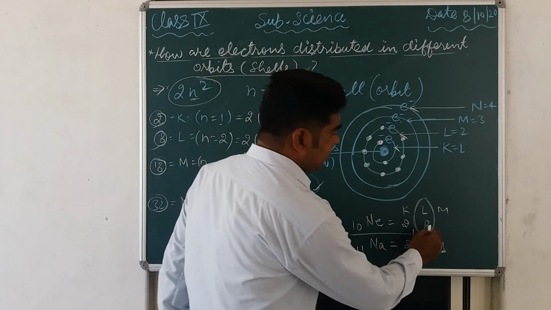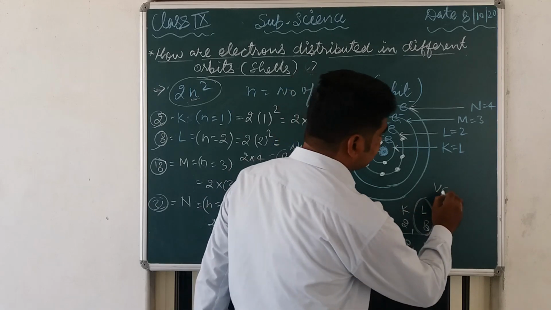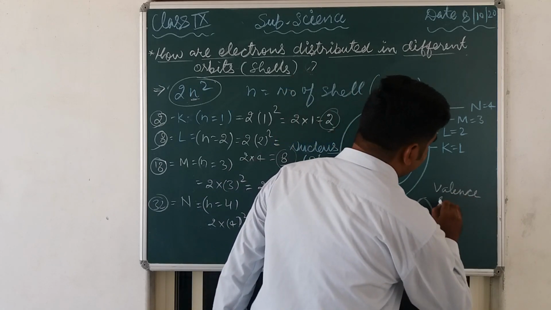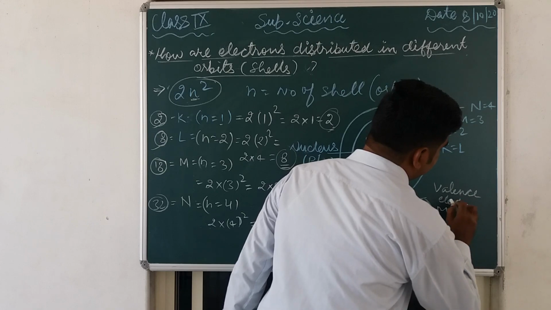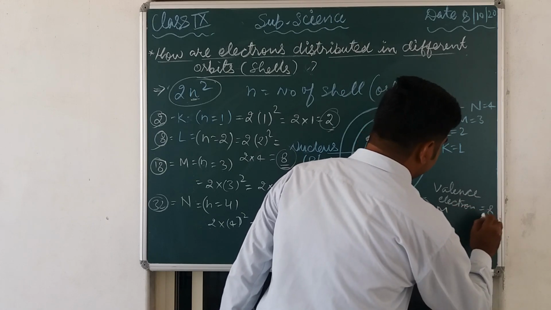So how many valence electrons are there in the case of neon? That is equal to 8.